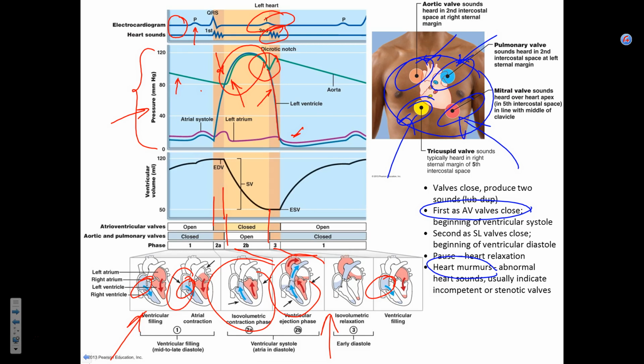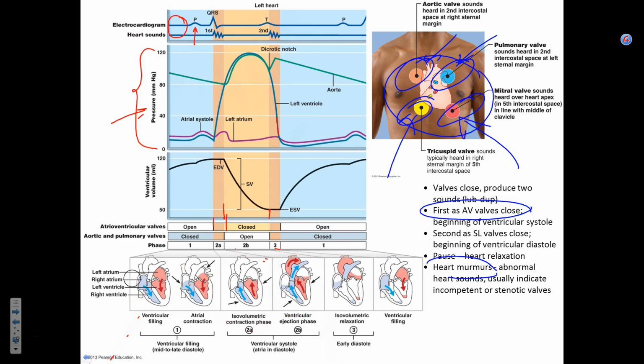So in terms of matching EKG to the events, we can basically say this. So atrial contraction is going to be matched by P wave. Start of isovolumetric contraction is QRS complex. And start of isovolumetric relaxation is a T wave.